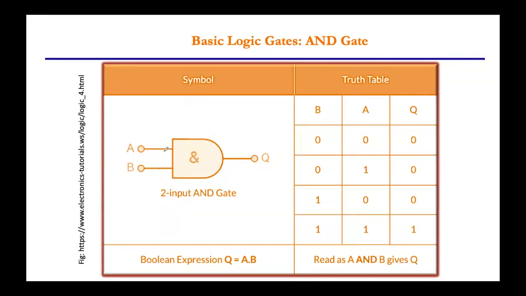It takes two inputs and gives one output. The Boolean expression for this logic gate we write as Q is equal to A dot B, or it can also be read as A and B gives the result Q.